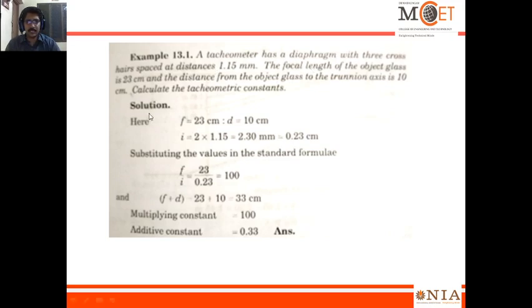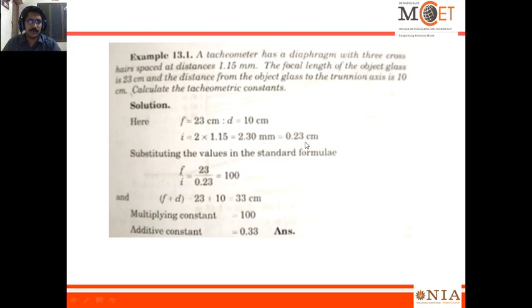The focal length F is given as 23 centimeter, and the distance from the objective glass to the trunnion axis, the small d, is given as 10 centimeter, and I is equal to 2 into 1.15, since they have given the spacing in top, middle, bottom. The spacing between top and middle is 1.15, then I is equal to 2 times 1.15, which is 2.30 mm.